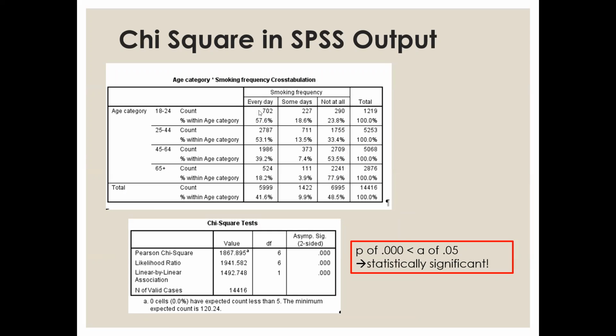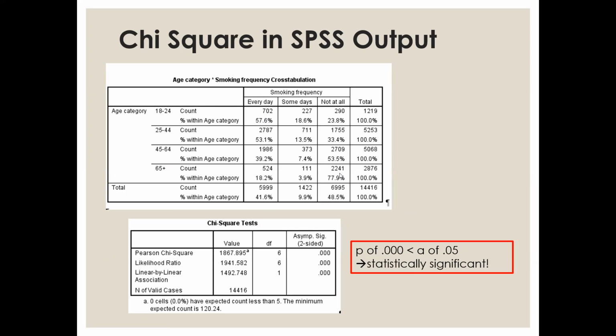So we have a large percentage of people smoking every day in these 3 groups. And then if we look at a larger age group, we have a majority of people not smoking at all. So very interesting. We say, like, that looks like a difference. So if we visually scan this, we might think that these age groups are smoking more frequently, and this age group is smoking less.